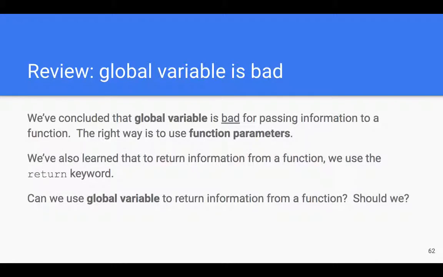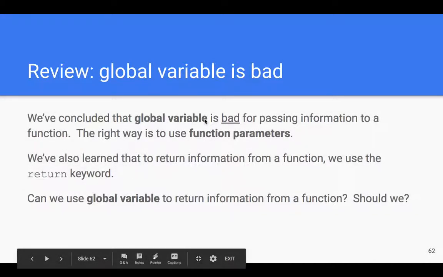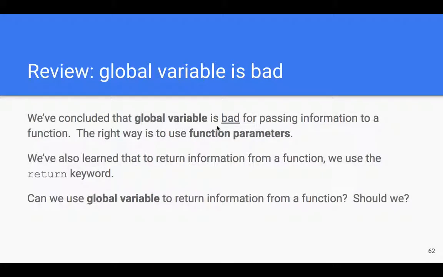Now, we did conclude that a global variable is bad for passing information to a function, right? If you remember the restaurant analogy, hopefully that makes sense. So if we want to pass information to a function, we do not use a global variable. Instead, we use function parameters. And in order to return information from a function, we use the return keyword.